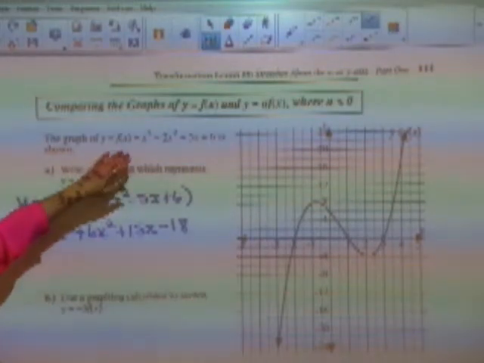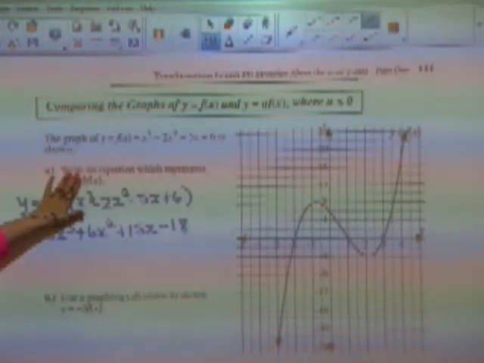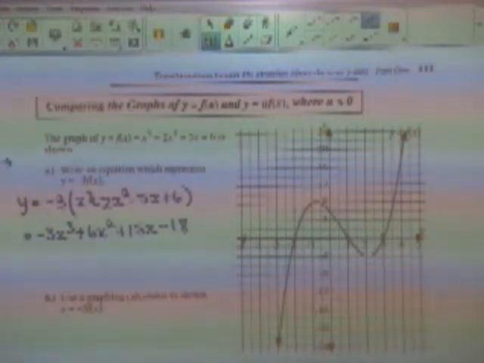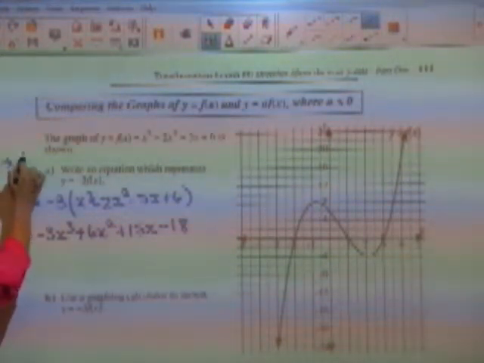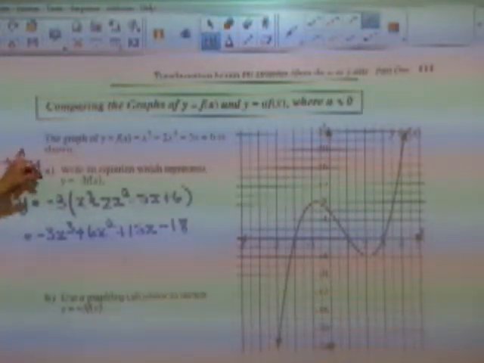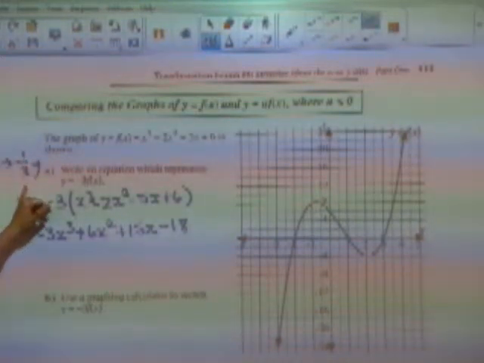So if I look at this 3, when it was on the other side of the equation, what was my replacement? Y with negative 1/3 y. Okay, so now if I ignore the negative for a moment and I think of the 1/3, that 1/3 gives me a factor of 3.